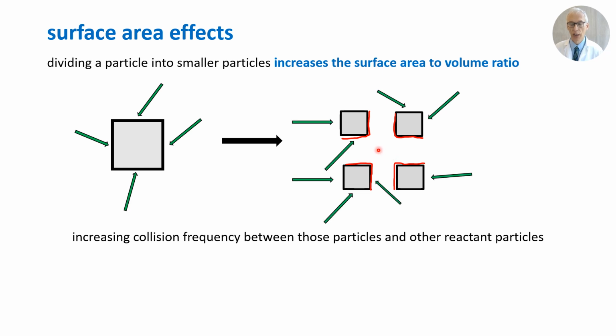Of course, there's a greater surface area available for the same volume for collision with other reactant particles when we've divided into smaller particles. So we are increasing the surface area available for collision with other reactant particles and therefore increasing the rate of reaction if we move from large particles to small particles.